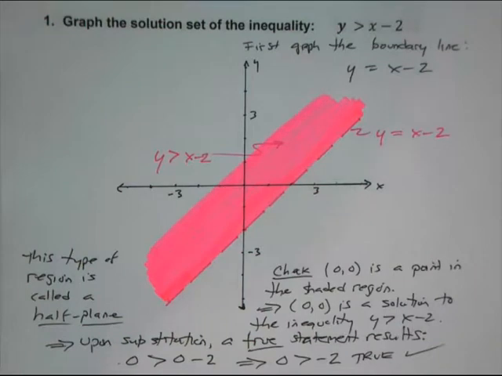So it's always a matter of being above or below a line, and thus we always see half planes for the graphs of linear inequalities. Okay, keep that in mind as we do the rest of the exercises.